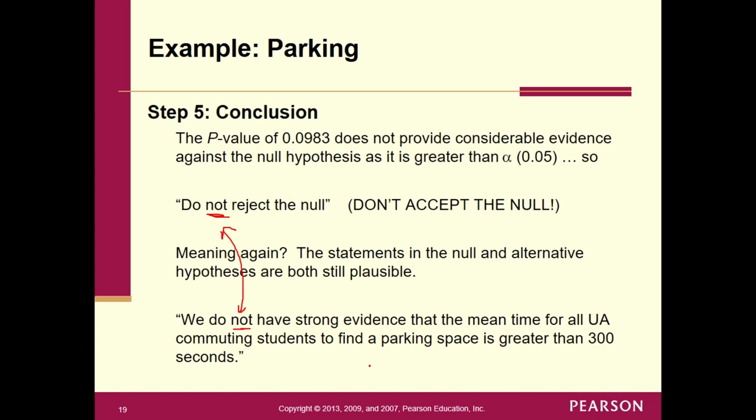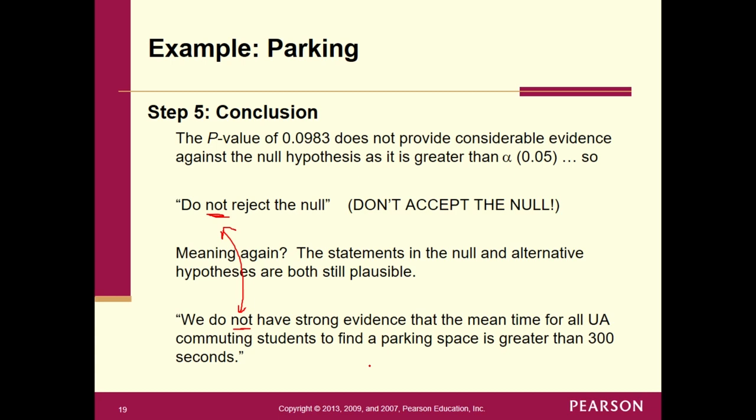So that's just our silly way of saying, well, we don't know which one is correct. What's really going on here is that mu could be greater than 300, it could be equal to 300, and guess what? It could also be less than 300, and we don't know which one it is at this point.